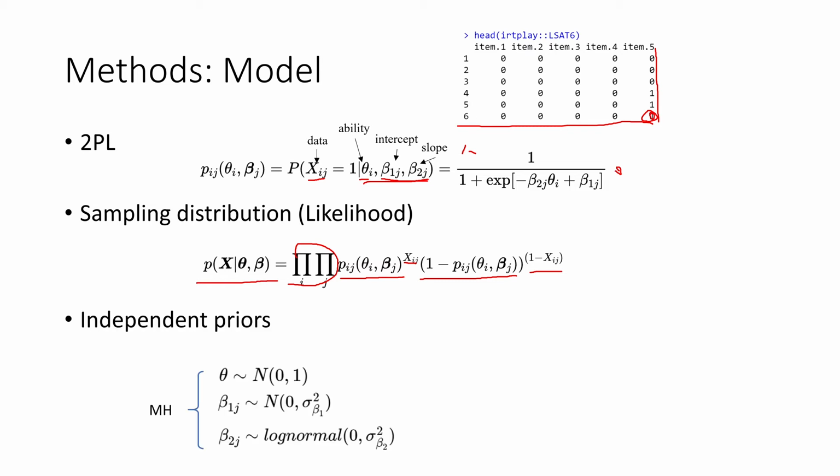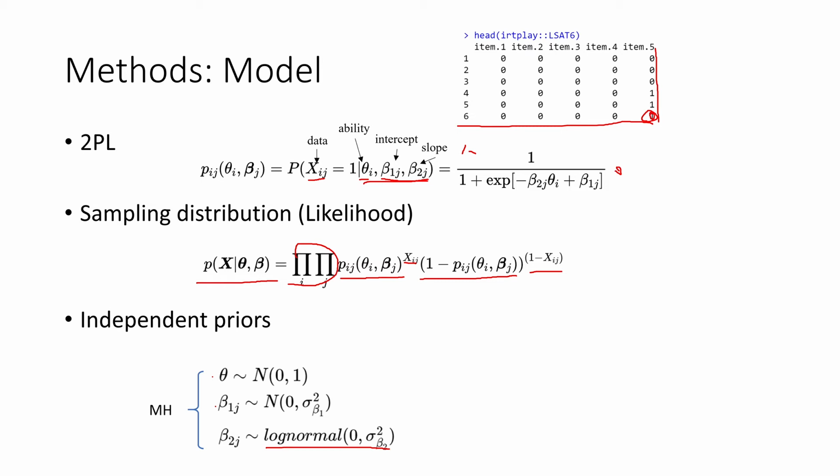For the parameters to be estimated, we assume they have independent priors. The ability and intercept are assumed to be normally distributed with mean 0, and the slope is assumed to have a log normal prior, which means the log of beta 2j is normally distributed.